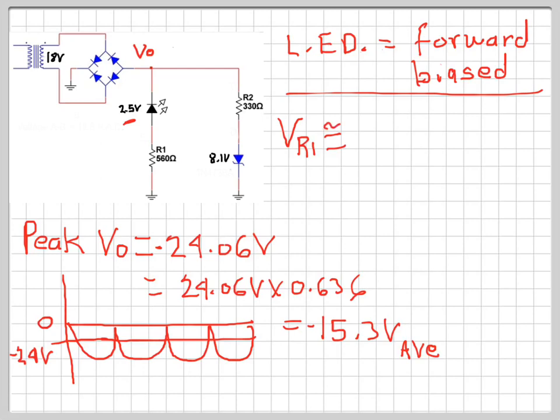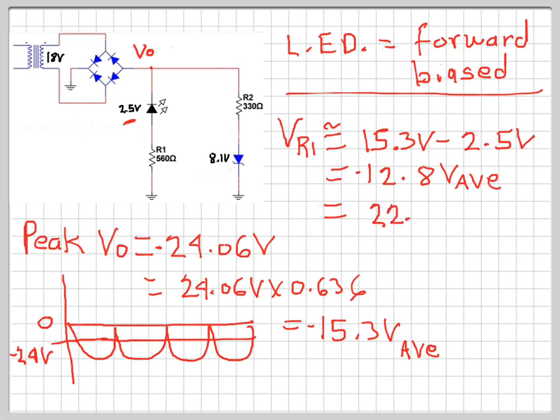VR1 would be approximately 15.3 minus 2.5 equals 12.8 volts average, and then the current, just divide that by the 560, would be around, and I know this is negative, 22.8 milliamps.